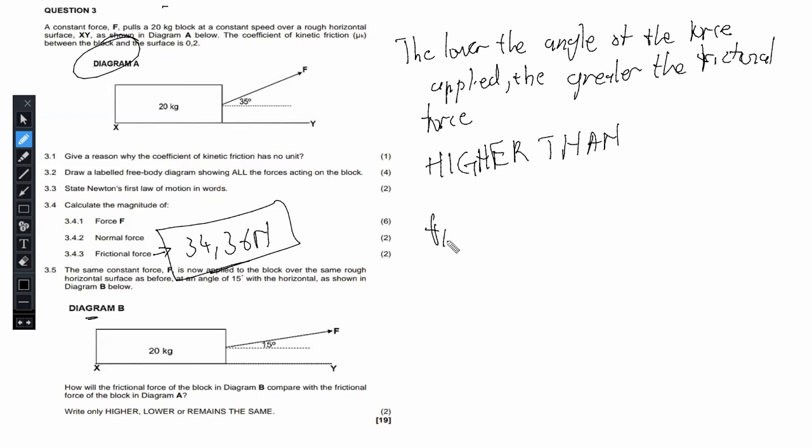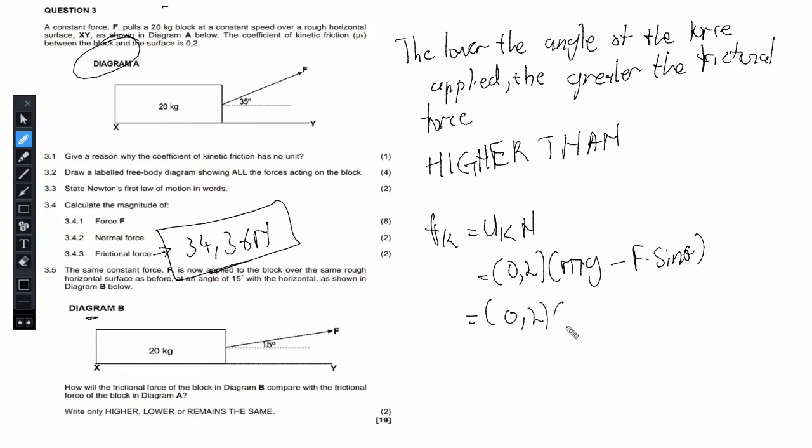So we'll just say Fk is equal to mu k times N. We haven't changed the surface, so our coefficient would still be 0.2. And then N would be mg minus F sine theta, right? We are keeping everything constant besides the angle here.